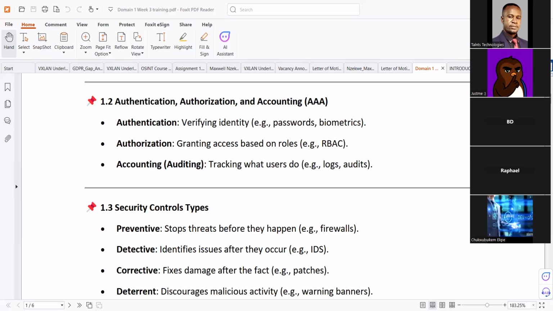Authorization. What are you allowed to do? The authority. Who gives you that authority? What kind of level do you have? Once authenticated, the system checks what action the user is permitted to perform. That is authorization. You can read your email, but you can't access the admin dashboard unless you are an admin.